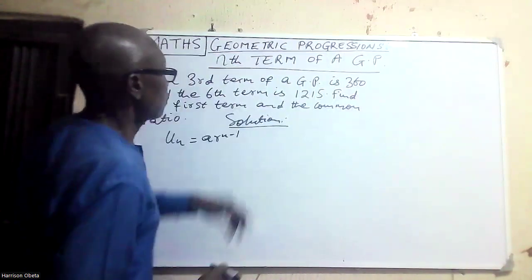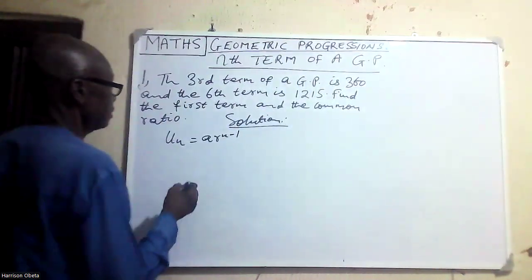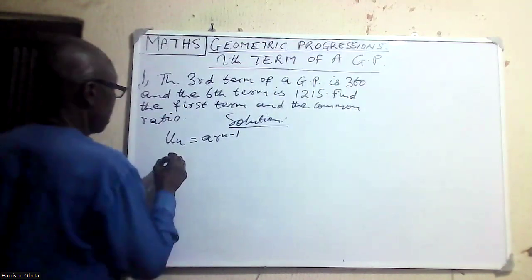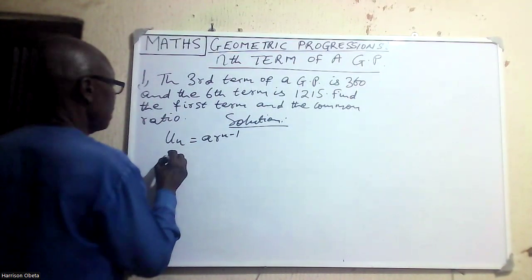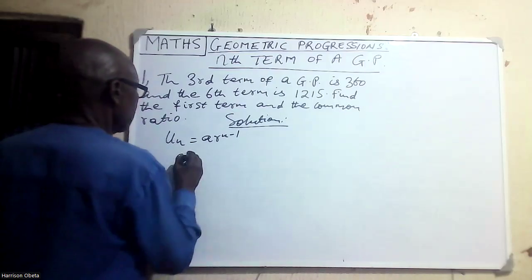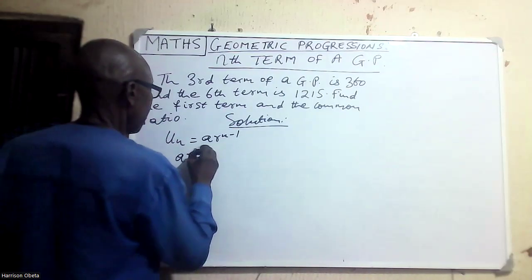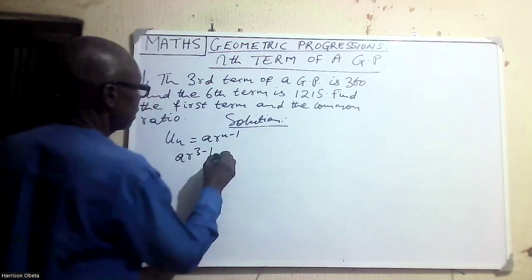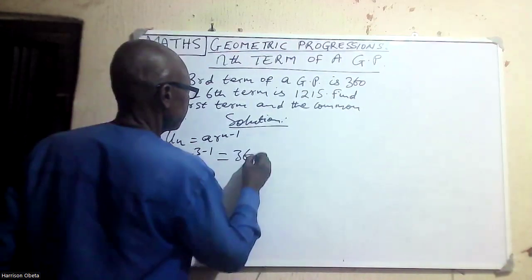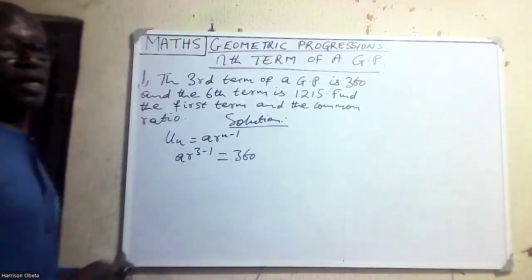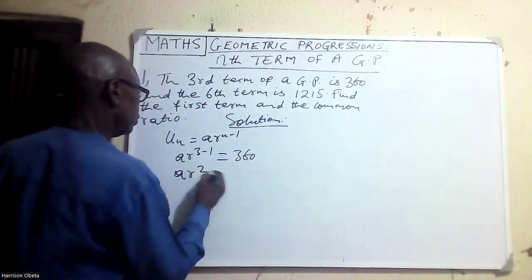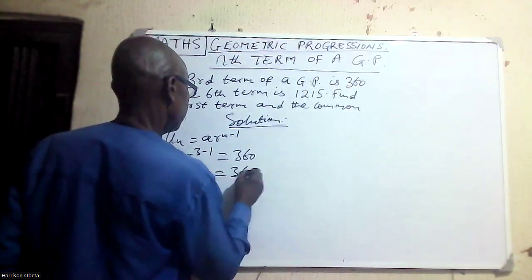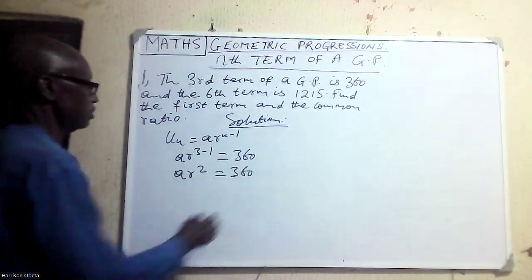We are told that the third term is ar raised to power 3 minus 1 equals 360, because our n is 3. That means ar squared is equal to 360, and that's 3 minus 1.